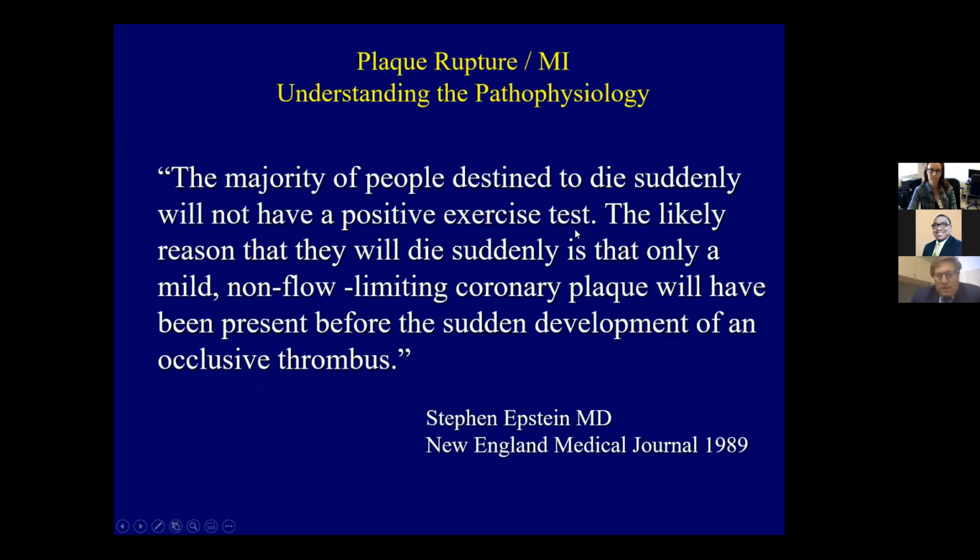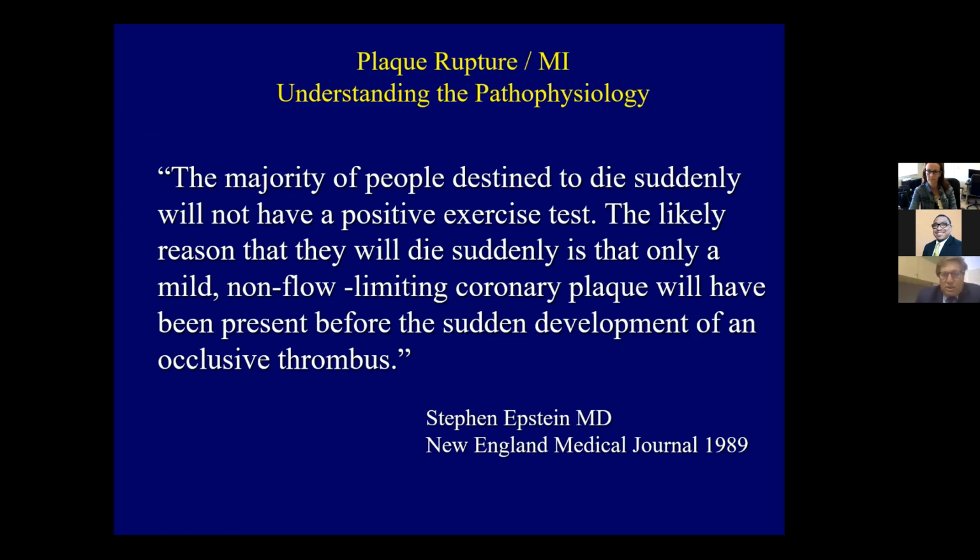Understanding the importance of it really relates back to understanding the pathophysiology of acute myocardial infarctions, particularly related to plaque rupture. Things that have been known for a very long time are that the majority of people destined to die suddenly will not have had a positive exercise test.